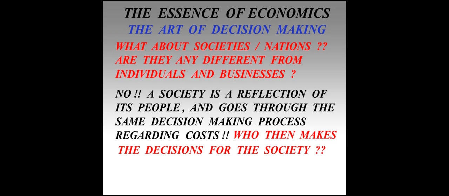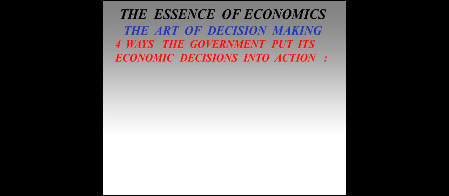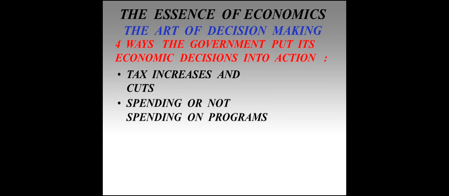So who then makes the decisions for a society? Individually, it's you. Businesses, it's the owner or manager of the business. But who makes the decisions for the society? Well, it's really the government officials that we elect. And our government officials put our government's economic decisions into action generally four ways. First, through tax increases or tax cuts.